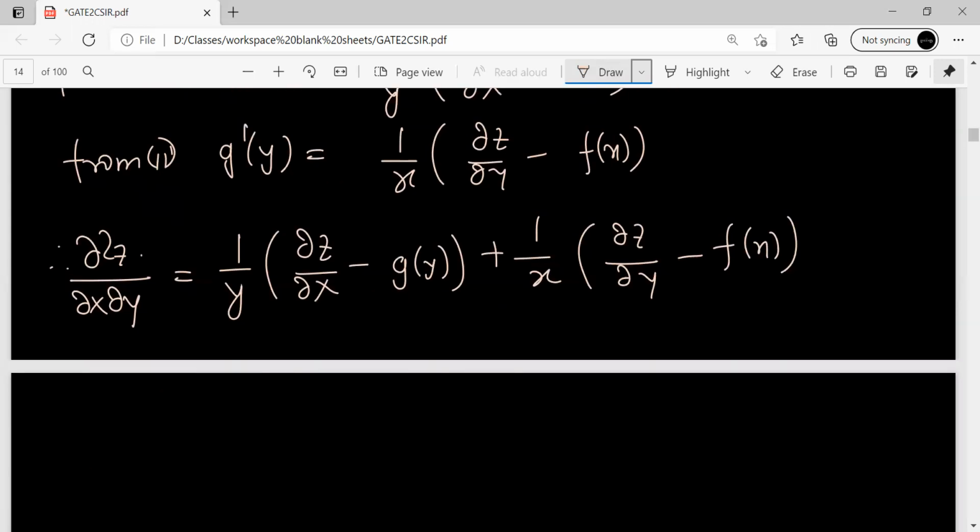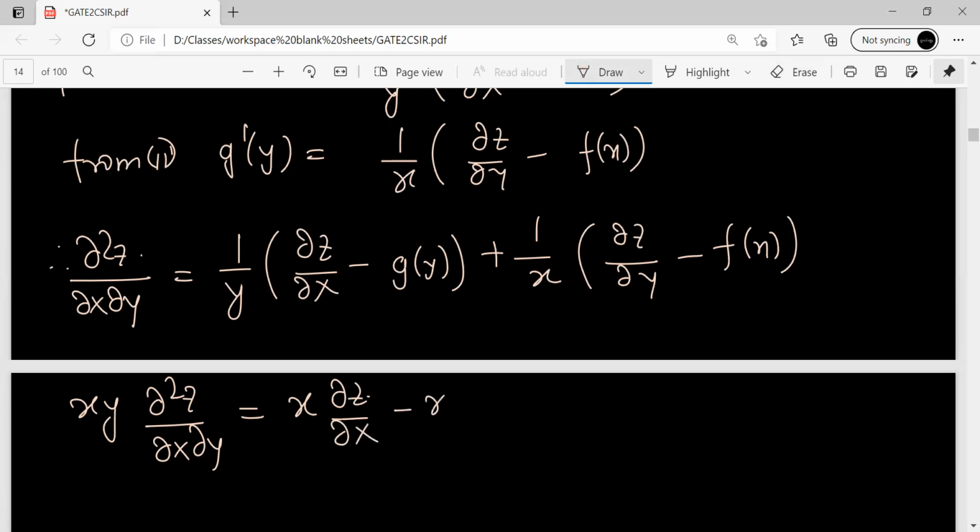So you can now even take the LCM and say it is xy. I'm sorry, this is del x del y. This will be equal to simply, this will be getting cancelled, and I'll be getting here just x, y is gone, and then this will be del z over del x, and minus it will be x times g of y. From here y is gone.